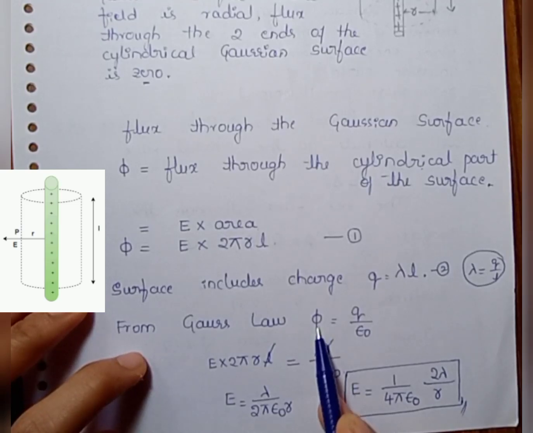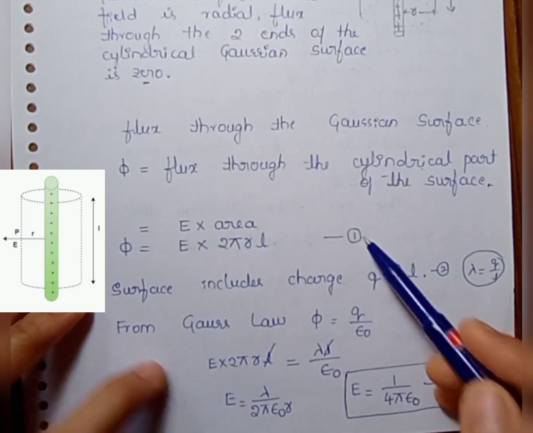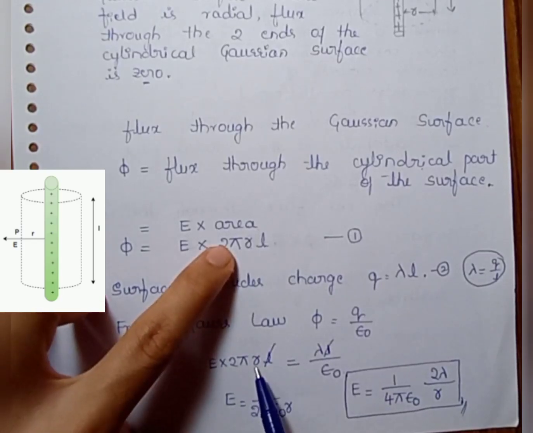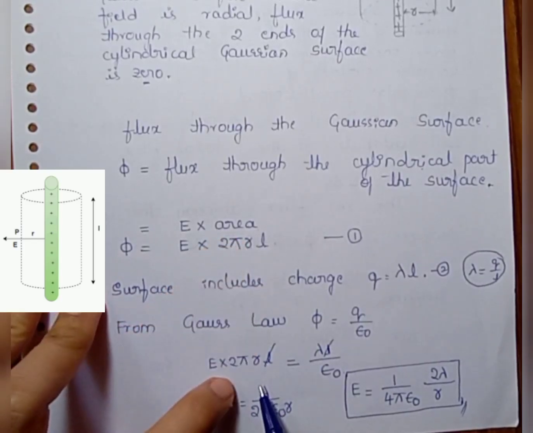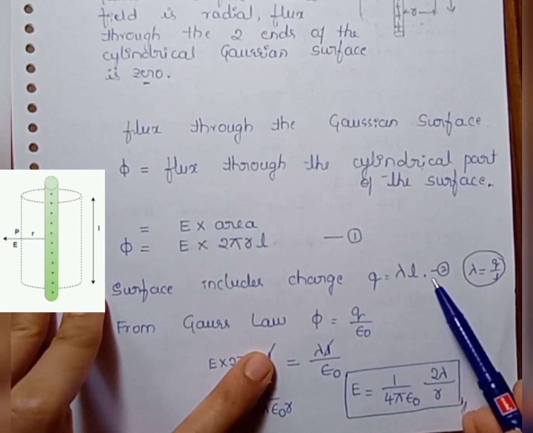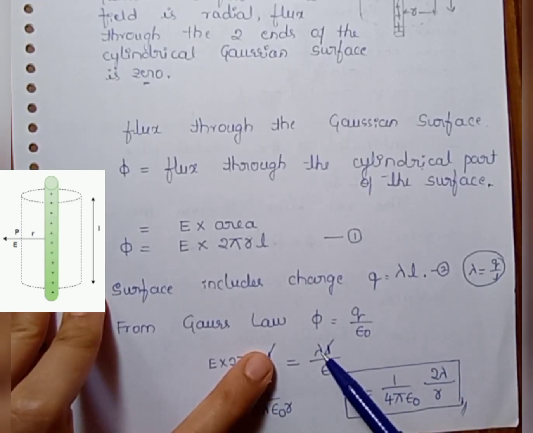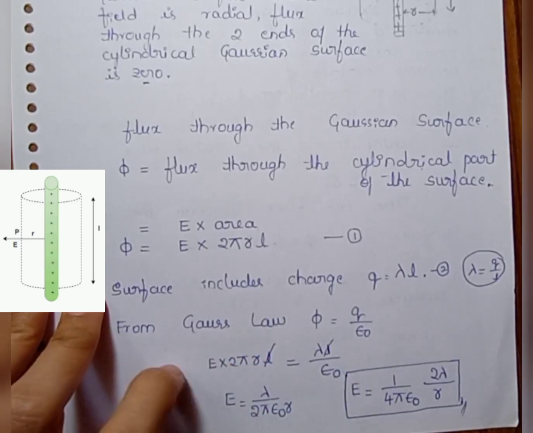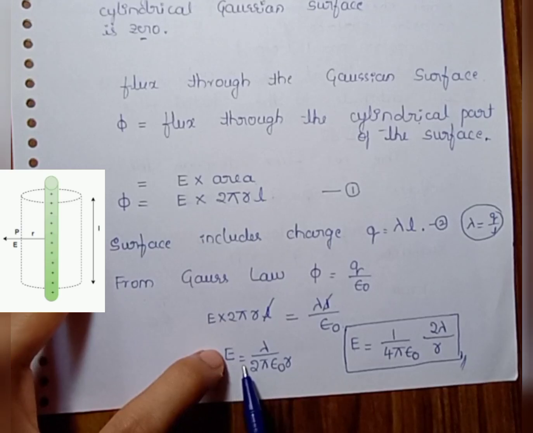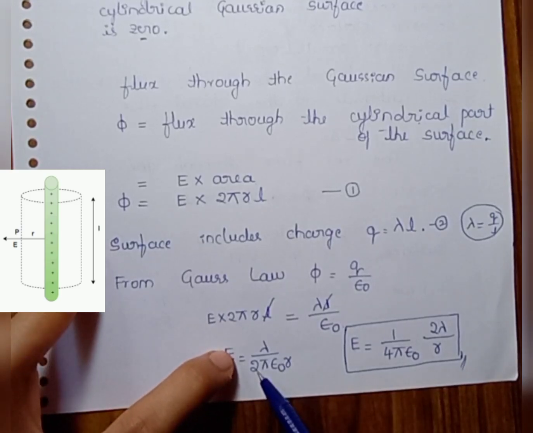So by equation 1, flux phi can be written as E into 2 pi RL, which is equal to the value of Q by equation 2, lambda into L divided by epsilon naught. L gets cancelled and electric field E is equal to lambda divided by 2 pi epsilon naught into R.